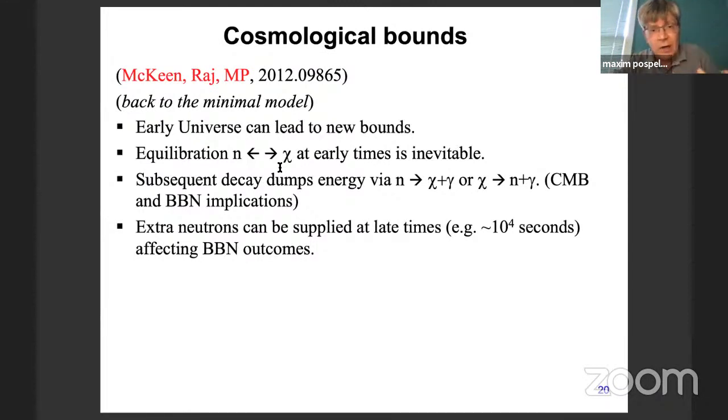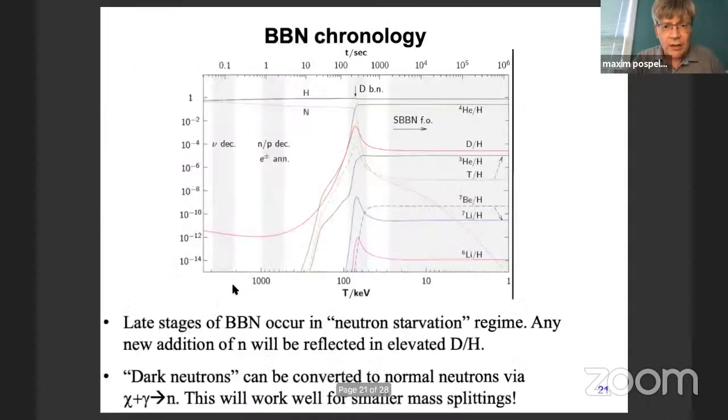So therefore, you may expect an equilibration at early times. And then subsequent decays and inverse decays do interesting things at the time of the CMB and Big Bang nucleosynthesis. And that's an observation that allows us to limit this model quite well.